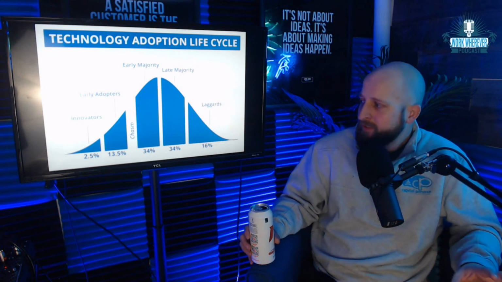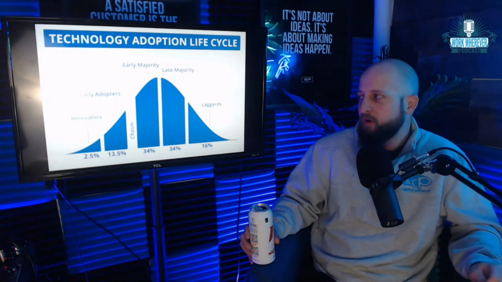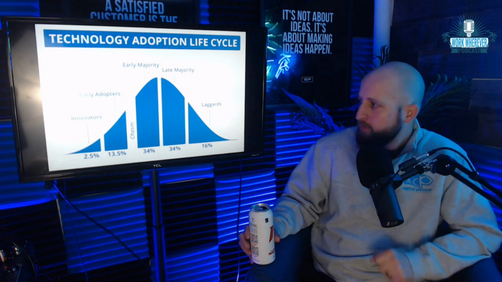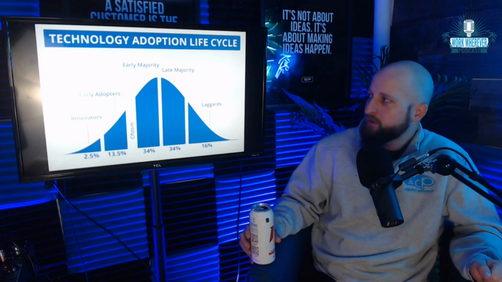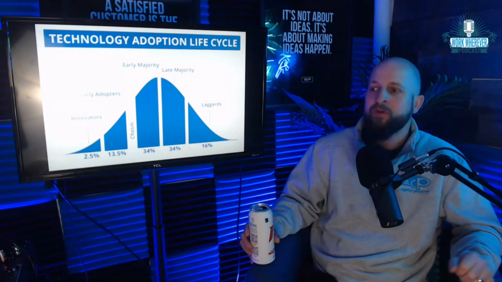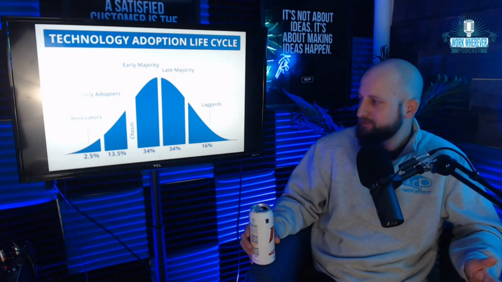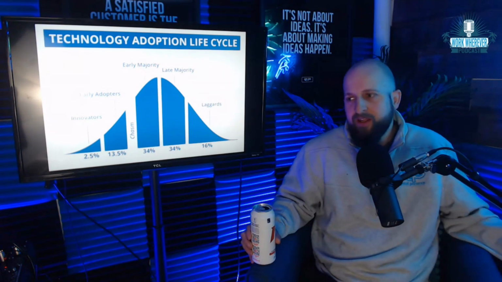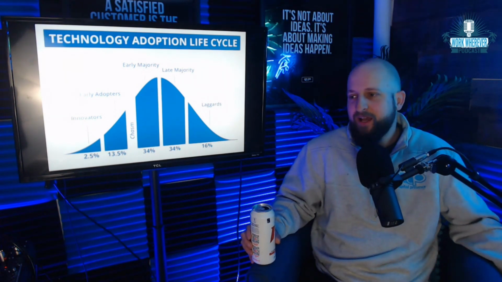So only 16% are on the left side of the chasm. The rest of everybody else is on the right side, with the bulk of everybody being in the early majority and late majority, who are skeptics, you might say. They are not the first ones to download the new application. They are not very trusting of new technology. They are on the right side of the chasm when it comes to the adoption lifecycle.